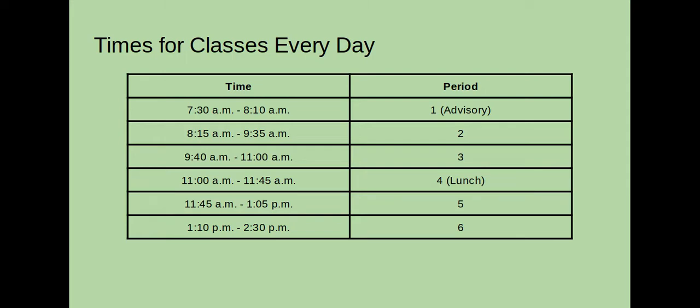At 1:10, they'll go to a new classroom and Google Meet to see a new teacher at period 6. The only time they will not log in to a new teacher is from 11 to 11:45, which is the lunch period, so they do not have any teachers to see at that time.